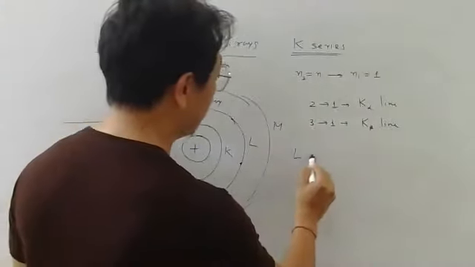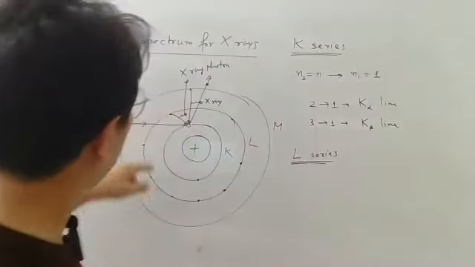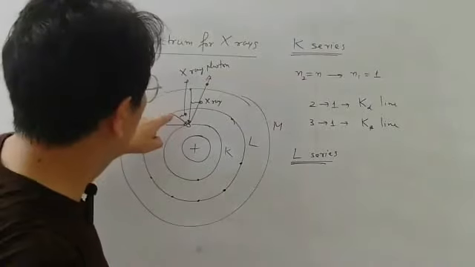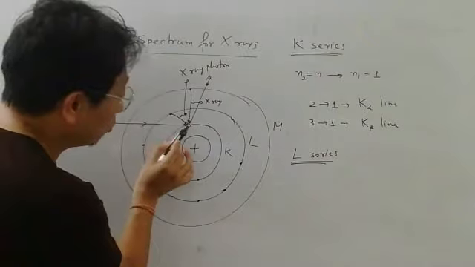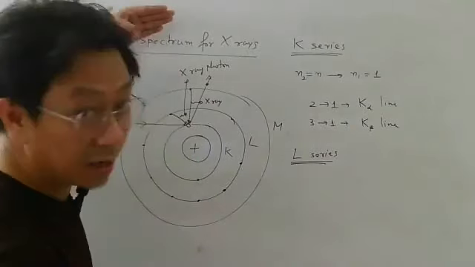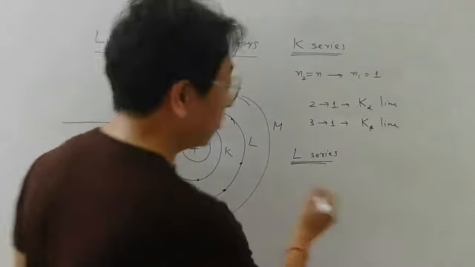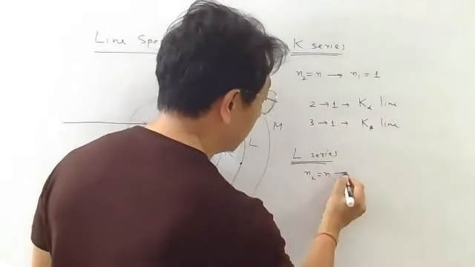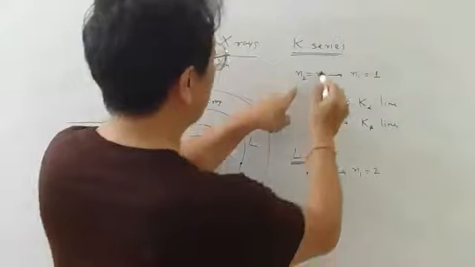Then we have L series, where maybe the electron in the first orbit is not removed, maybe an electron in this orbit is removed, and once this electron goes to this orbit, higher electrons may again fall to this orbit. So there may be transitions from higher orbits to n1 equal to 2.